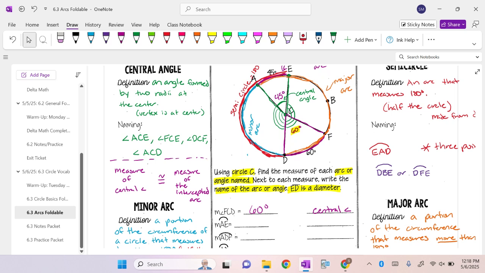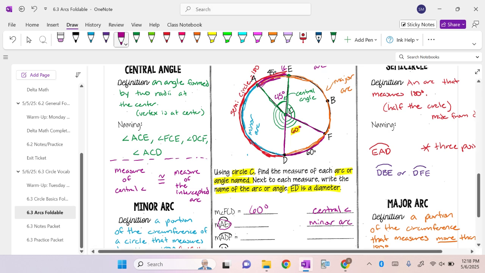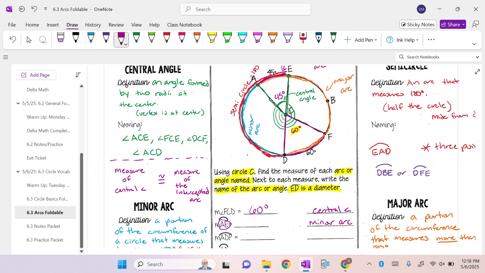It's also the way it's written: it only has 2 points listed. So the key to a minor arc is that there are only 2 letters there. That M represents measure. This is a minor arc, which is right here, and we already found the measure of that arc, which is 45 degrees. That one was already labeled for us.